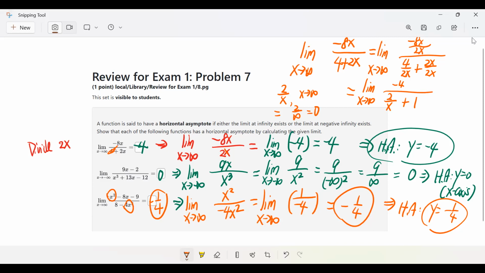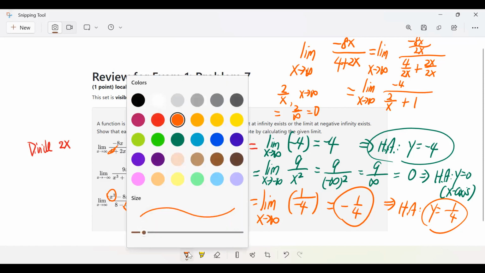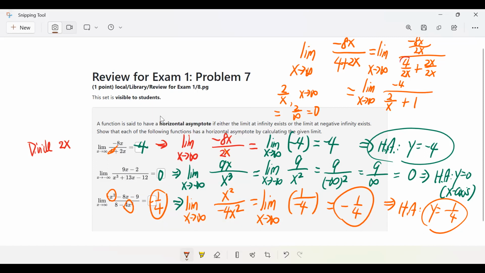That's what I mean: compared to infinity, this 4 is irrelevant, right? Originally it was 4, but since x approaches infinity, this number compared to infinity as a quotient is like 0. And that's why I dropped it at the very beginning, because it's not a significant term here.